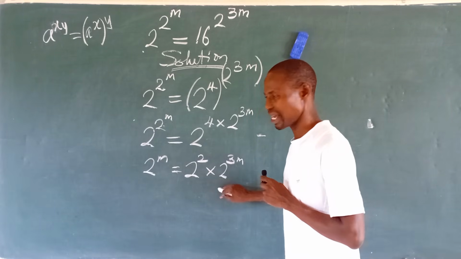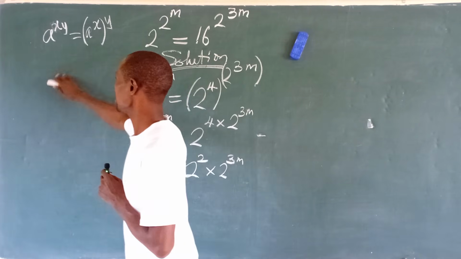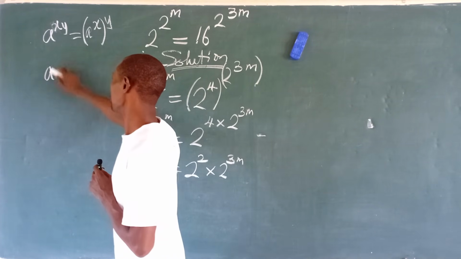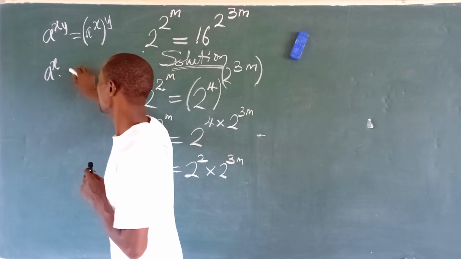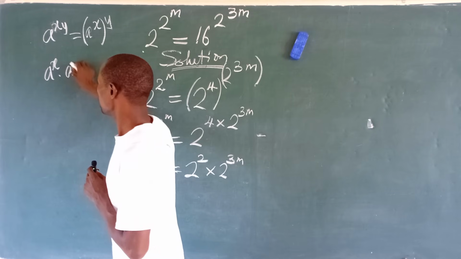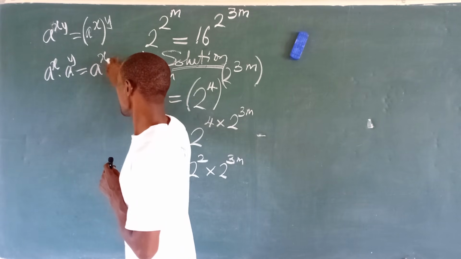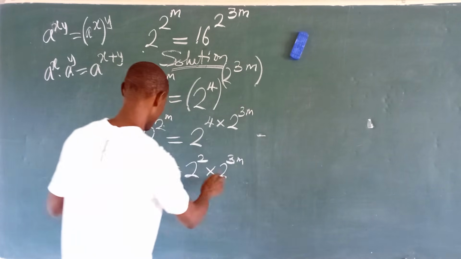The bases are the same here, and we have a multiplication sign. So we apply the law of indices, which says that if you have a to the power of x times a to the power of y, you add the exponents, which is x plus y.